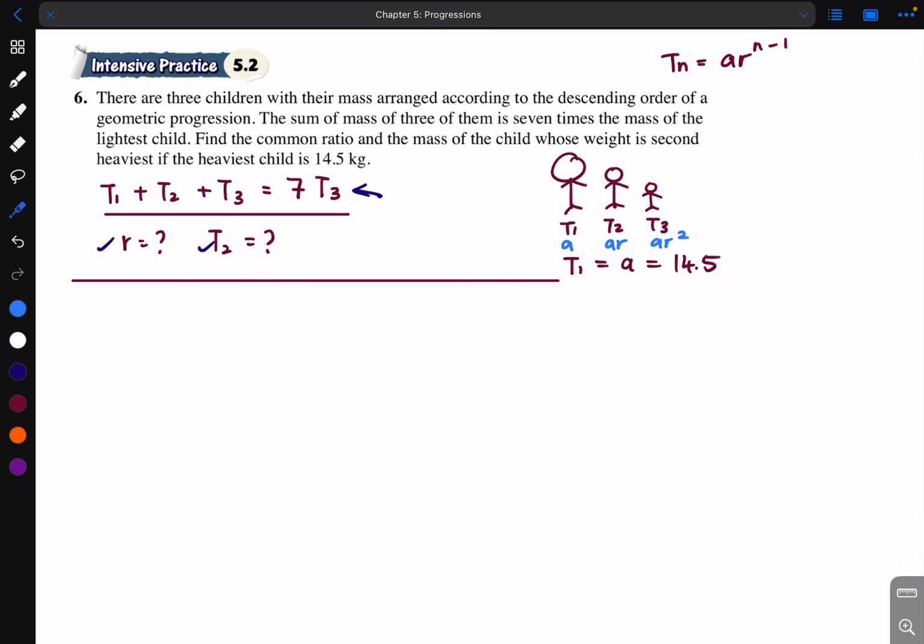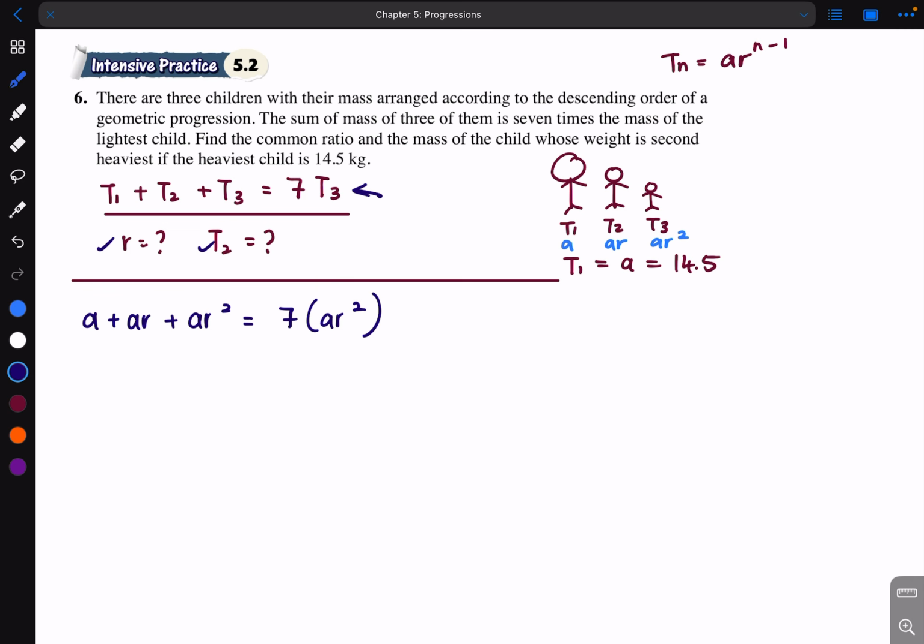Since we know these T values, we can substitute them in. So we can say A plus AR plus AR square is 7 times AR square.